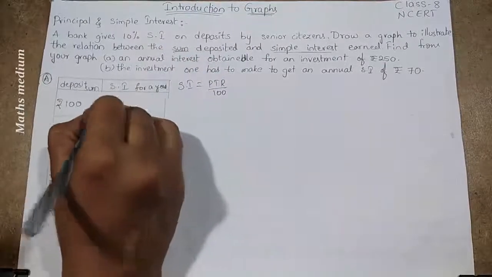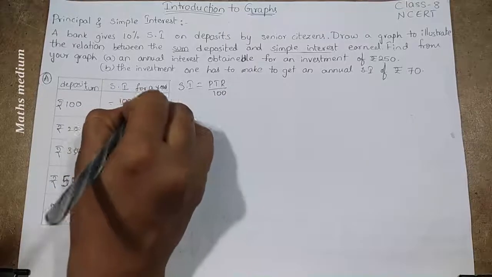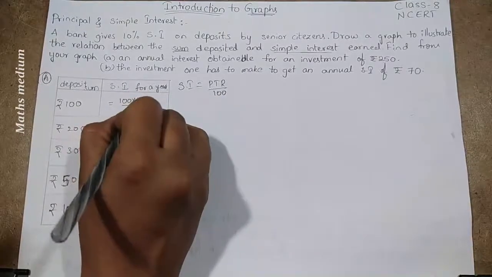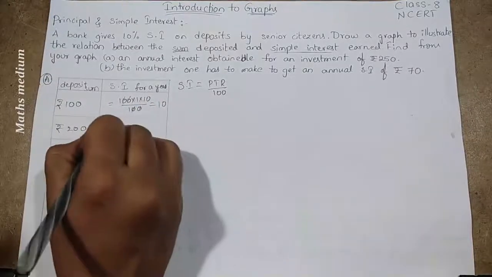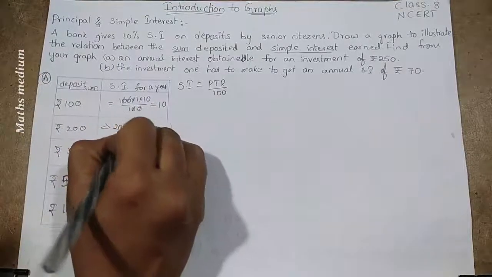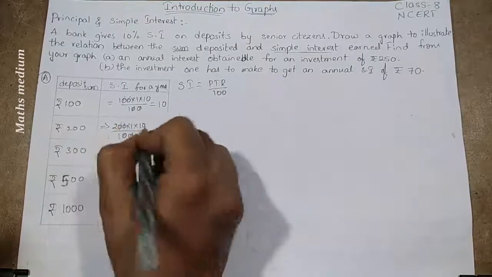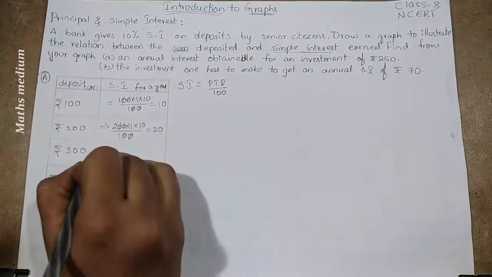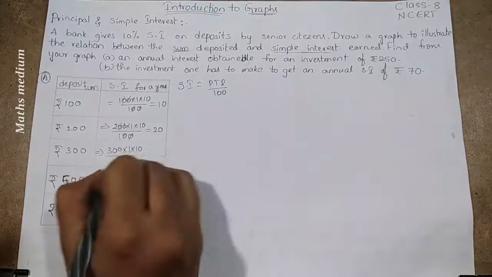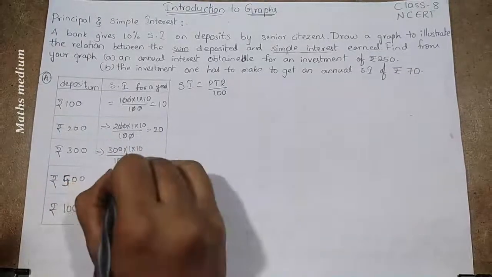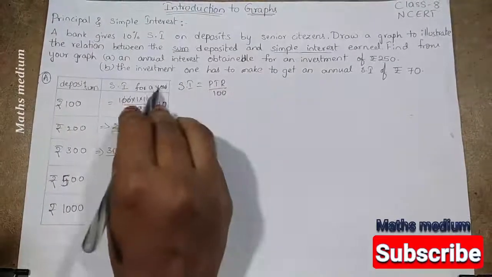So here P 100 into 1 into 10 divided by 100. So 0 cancels, 10. For this 200 into 1 into 10 divided by 100, 0 gets cancelled, 20. Here 300 into 1 into 10 by 100. Because here rate of interest 10 is given, and time is for a year we are calculating.